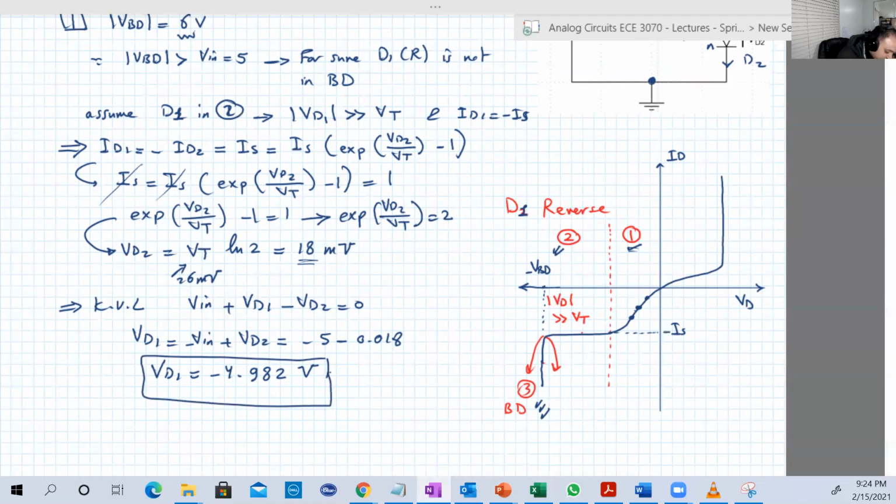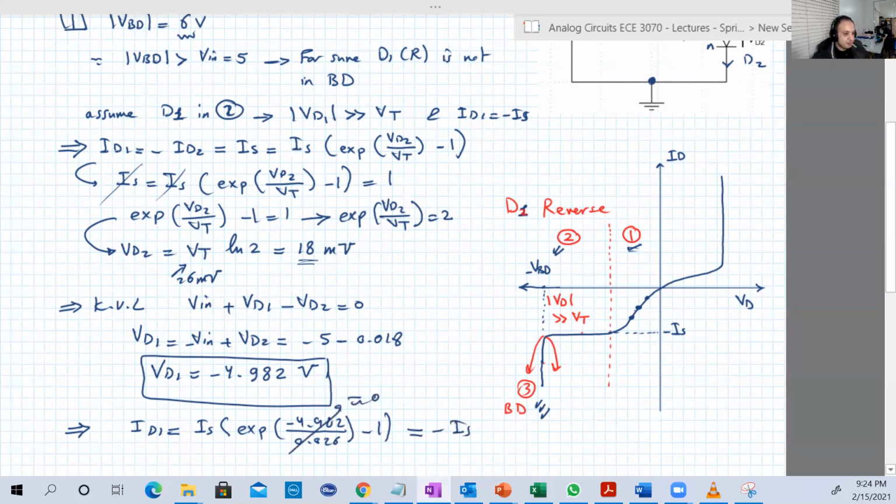Okay, so the moment of truth now, when we calculate ID1, it's equal to IS times exponential minus 4.982 divided by 0.026, 26 millivolt, minus 1. If you do it in your calculator, this will give you minus IS, because the exponential is basically approximately 0.